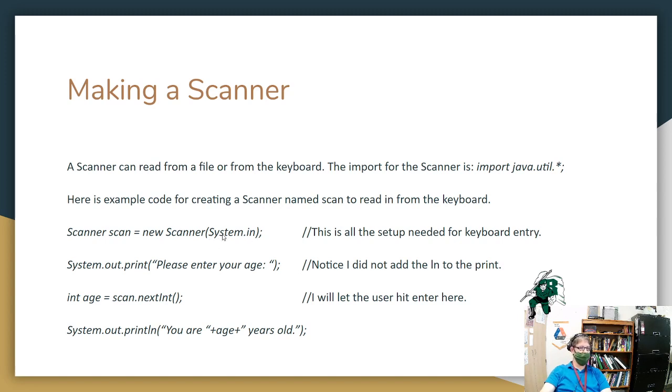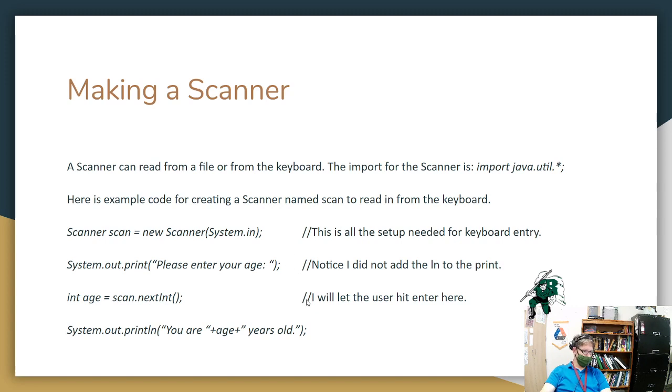this System.in, what is the primary way that you put information into a computer? Do you guys just think and things show up on the screen? What is the primary way you put information into a computer? Keyboard. That's what System.in is. This right here is just the keyboard.